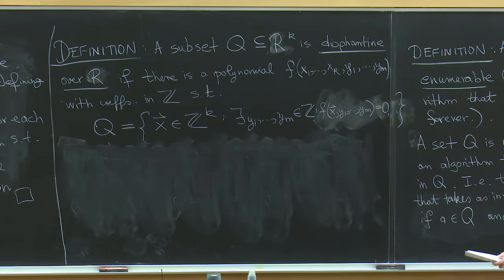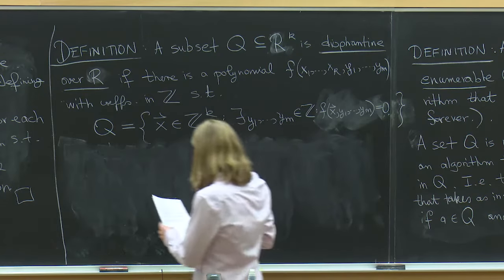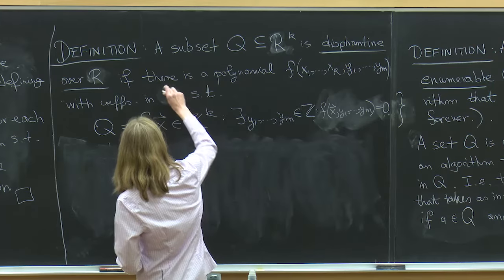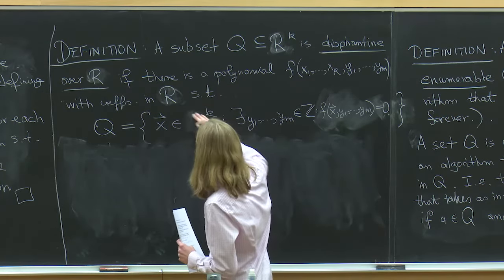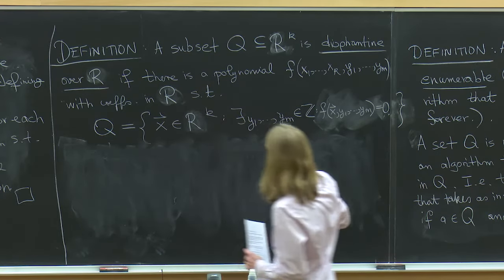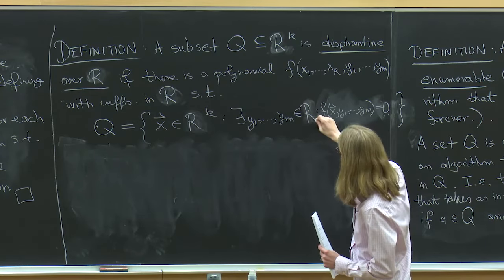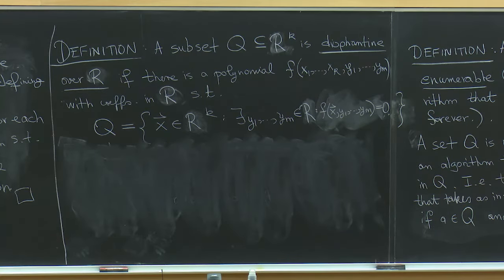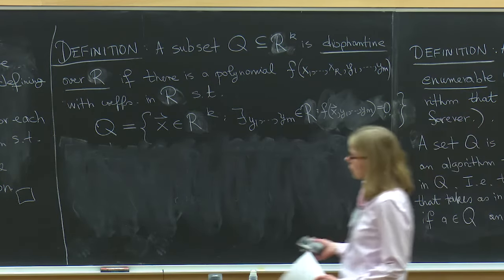We call them Diophantine over R if and only if there is a polynomial f with coefficients in R, so that Q is exactly the set of K-tuples x in R for which there exist y1 through ym in R such that f(x, y1, through ym) is 0. So I'm just replacing Z with R everywhere. And that's going to be one of the key definitions.